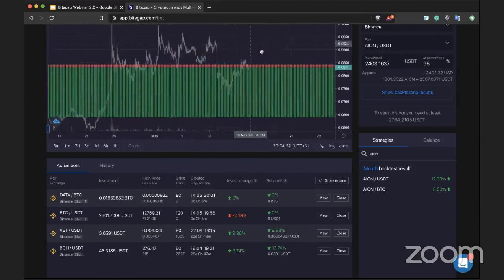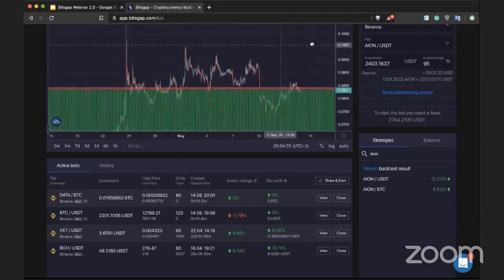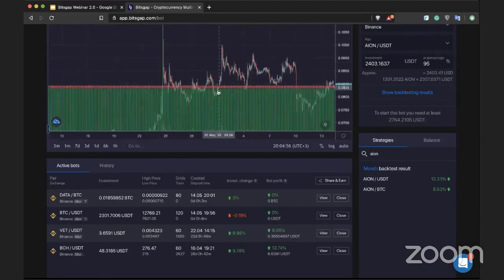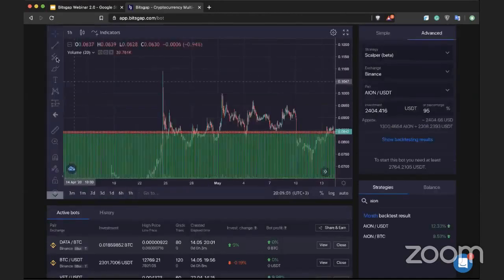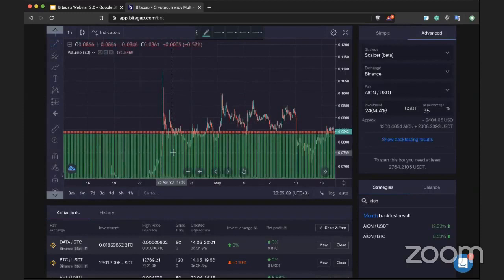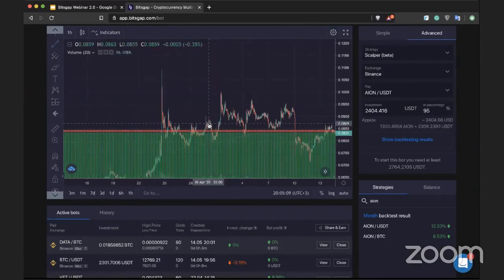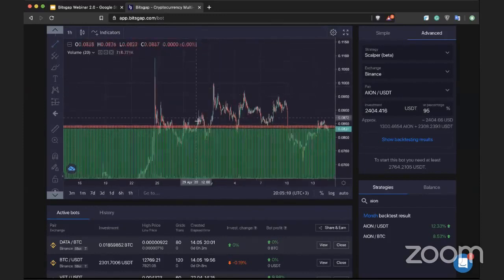Okay. For instance, let's say that we are at the point of time when the price was around here, and we saw that the price was respecting the support level, and I would enter the trade as I would see a bounce off and a short-term price appreciation.